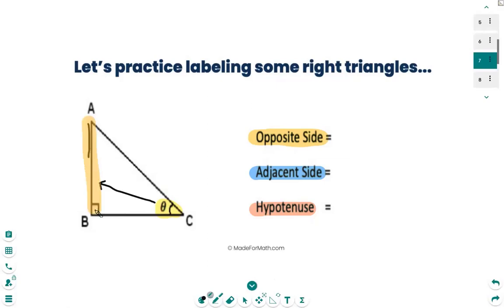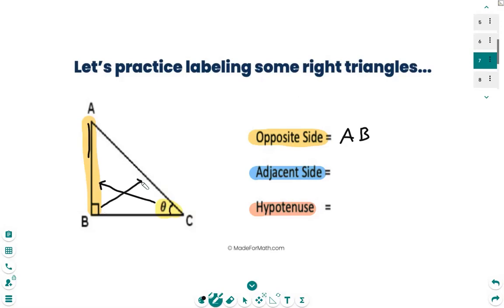This right here is side AB. And then the adjacent side shares a side with the angle. Well, I know this one and this one are both adjacent, but remember, one of these has to be our hypotenuse. So which is the side that stretches under the right angle? Here's our right angle.